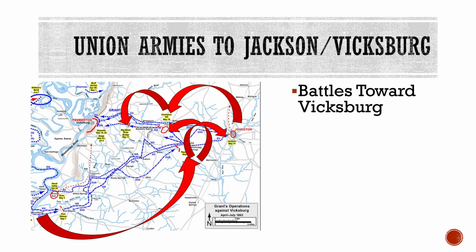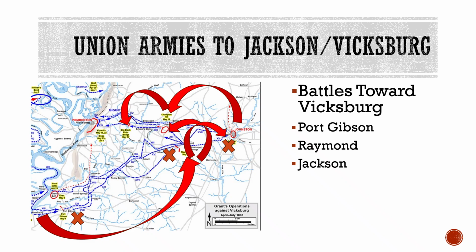Moving ahead, now that they're at Bruinsburg, they do cross over the Mississippi into the land in Mississippi. They first start at Port Gibson, where there's a skirmish. They then move up to Raymond, where there's another skirmish.